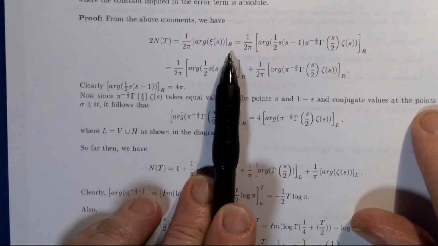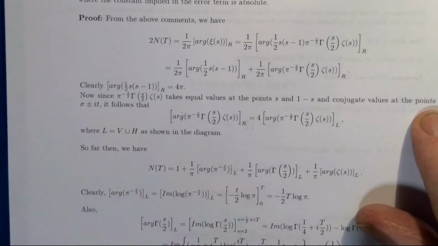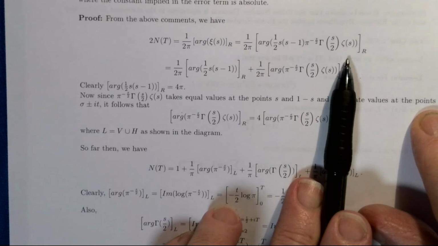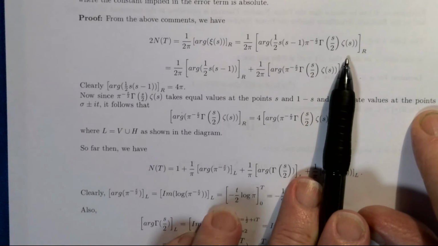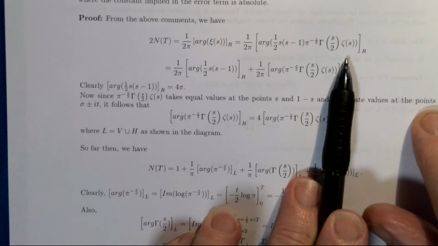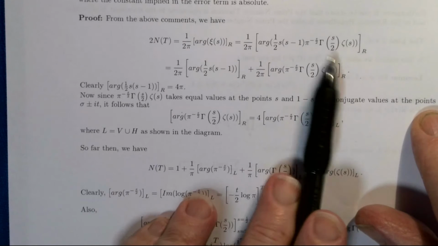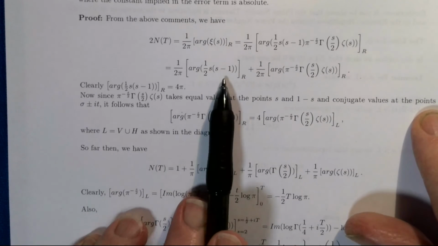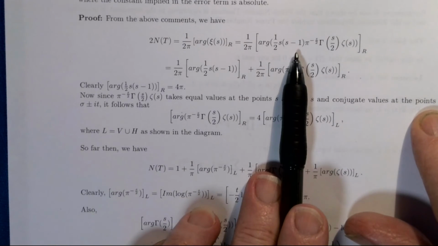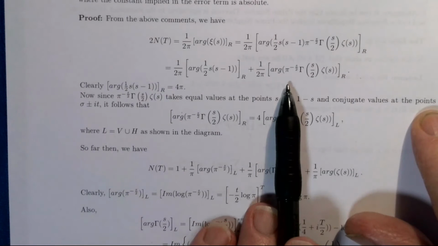So I simply replace psi then. There's our formula for psi that we had. That's how we defined our psi of s. And I'm going to now split this using properties of argument. The argument of the product is the sum of the arguments. So this is the argument of a half s(s minus 1). I'll split that up firstly, and then I've got what's left here.